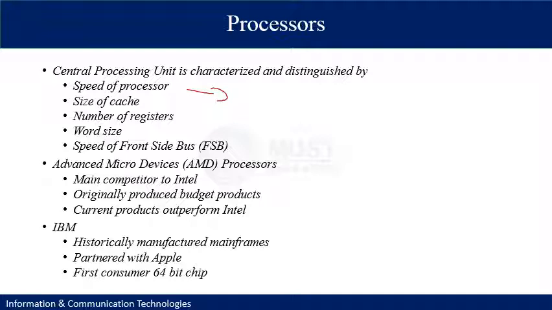So there are different kinds of processors, and Intel is one of the most widely used processors in the current environment. AMD processors are also second or third best options, and these are the main competitors to Intel, and they were originally produced by the company for budget friendly products.